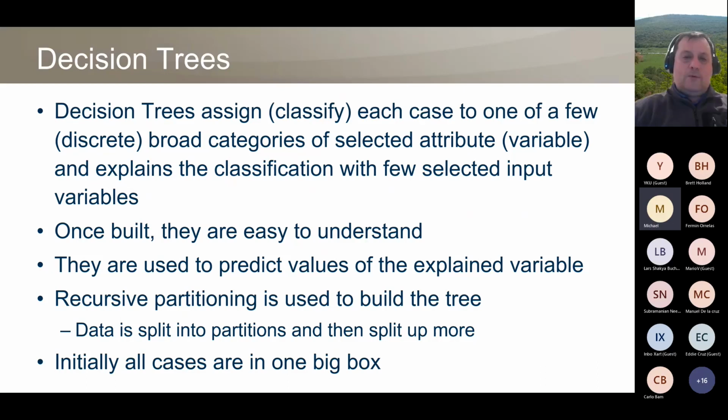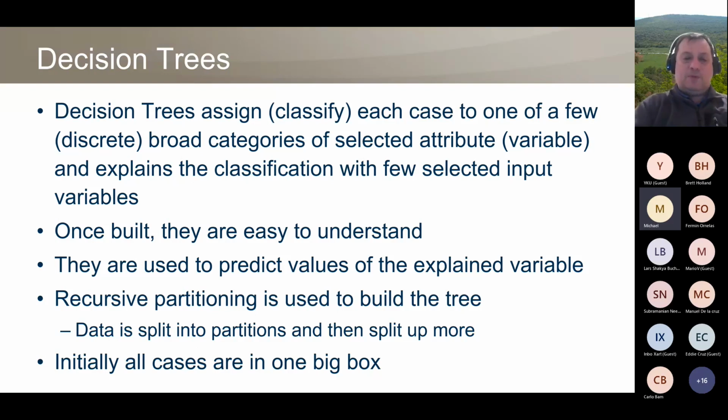And of course, they are pretty good also doing predictions. The algorithm used is called recursive partitioning. And yes, we already see another big stop sign, recursion, not something you would like to implement in Transact SQL, right?